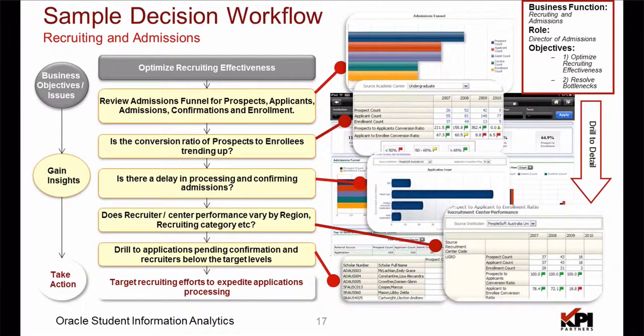At that point, you should be able to take some action, perhaps call the recruiters and take specific action to expedite these applications and remove bottlenecks, perhaps in financial aid decisions that the recruiter might be facing. So now you can see how I can tie the recruiting process directly to dashboards within the financial aid decisions that need to be made during this process.